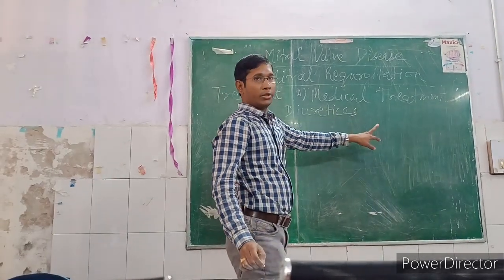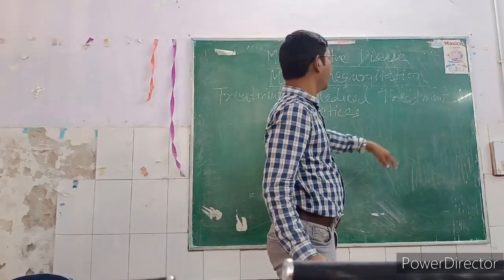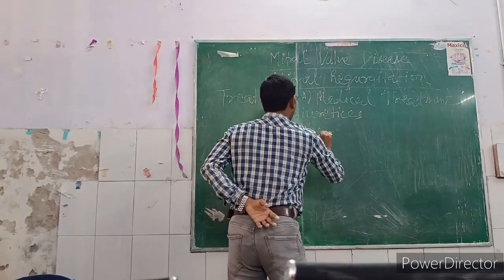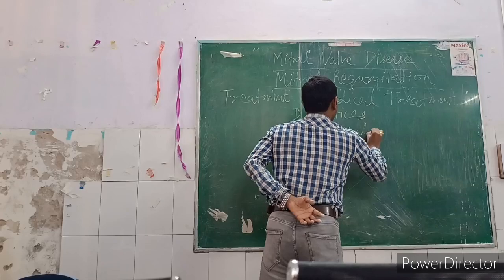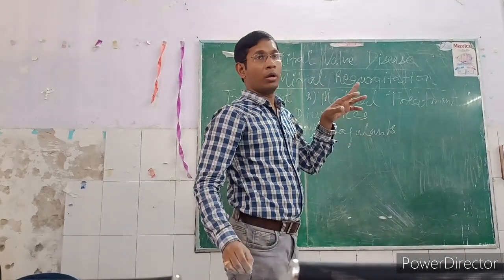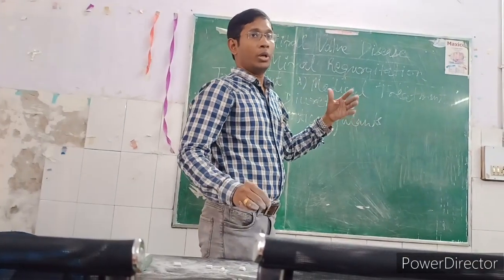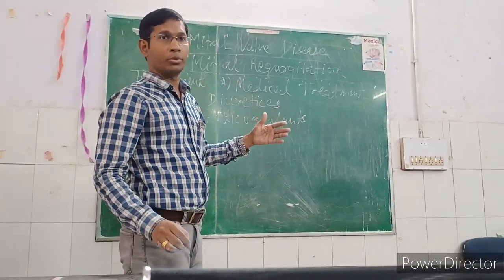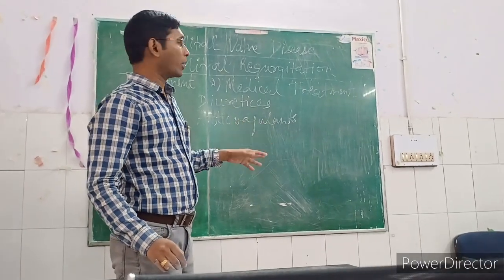Diuretics to ease the pulmonary congestion or pulmonary edema. Anticoagulants to prevent systemic embolization, because in mitral regurgitation too, the complication of atrial fibrillation happens, and that might lead to the embolization, systemic embolization.